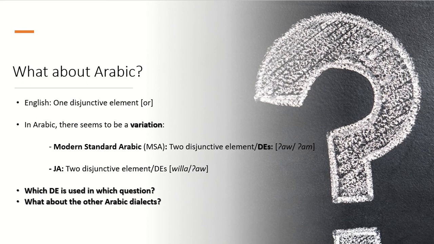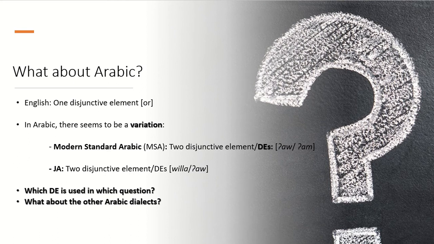That is, in English, for example, we have one disjunctive element, which is or, but in Arabic, there seems to be a variation. In Modern Standard Arabic, we have two, aw and am. In Jordanian Arabic, we have two, willa and aw, but which DE is used in which disjunctive question? And what about the other Arabic dialects, not only Jordanian Arabic?